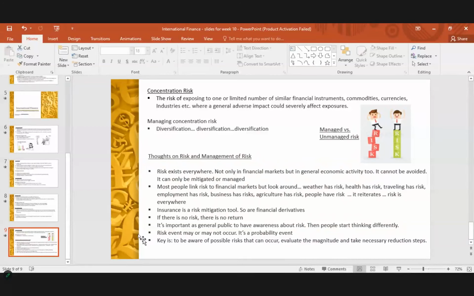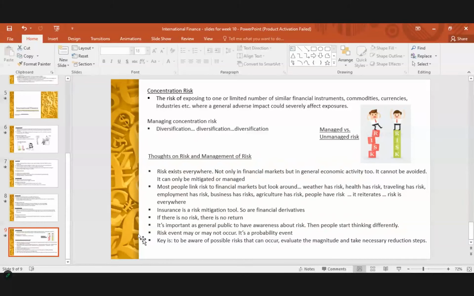That's the concentration risk. So when you lend also, you have single borrower limits, maximum lending limits, and so on, which make sure you don't have a large exposure to one counterparty.